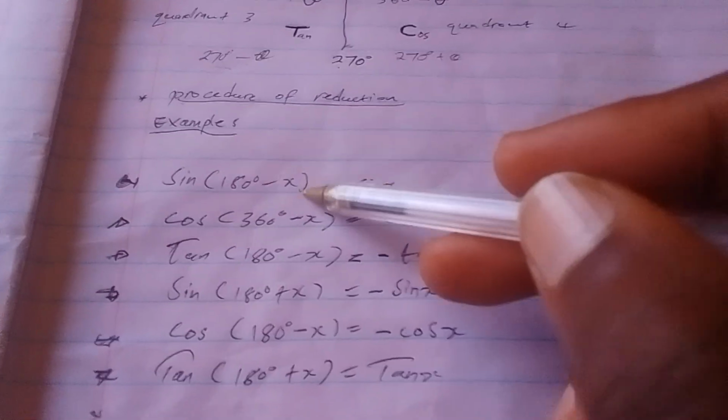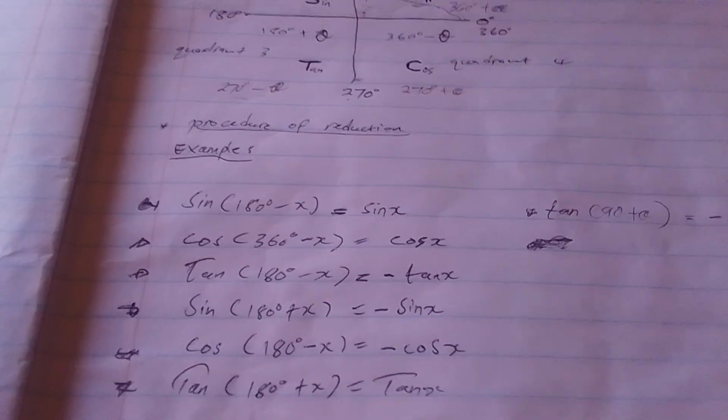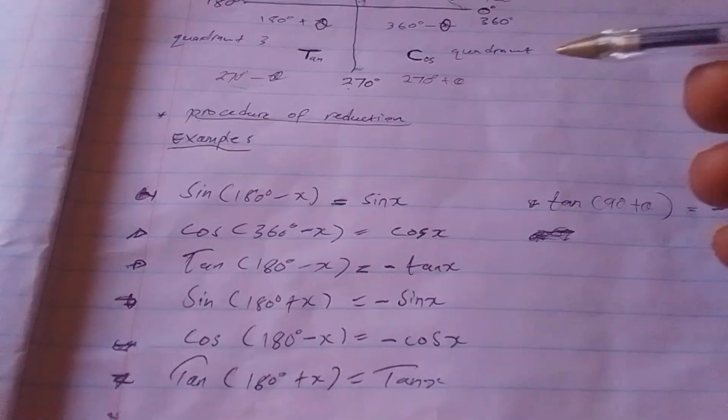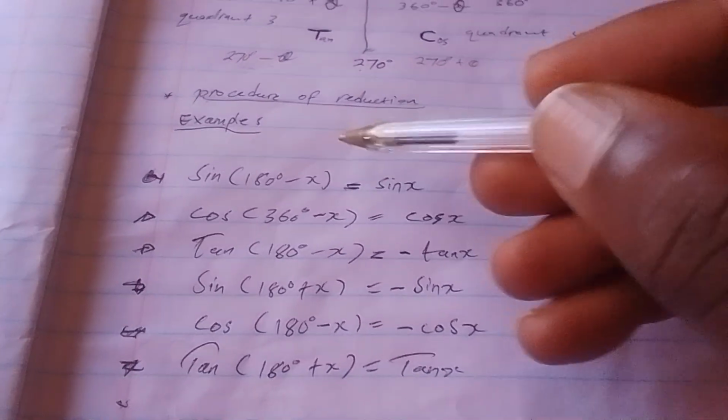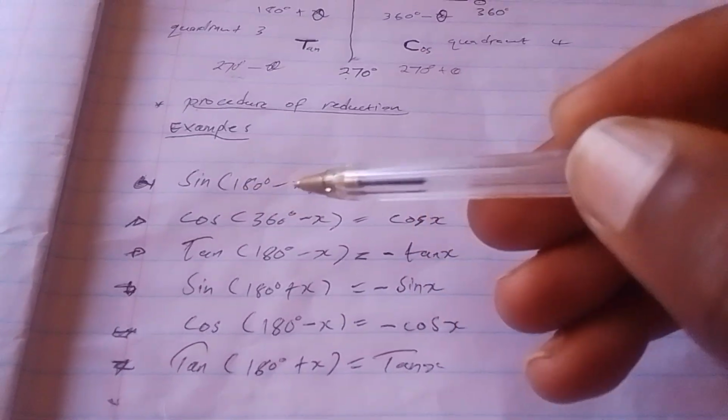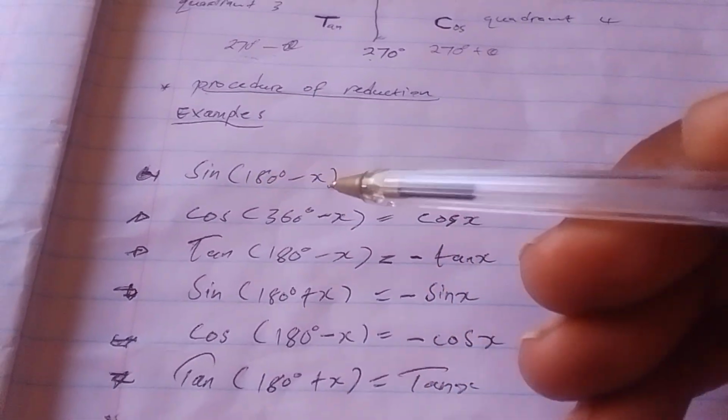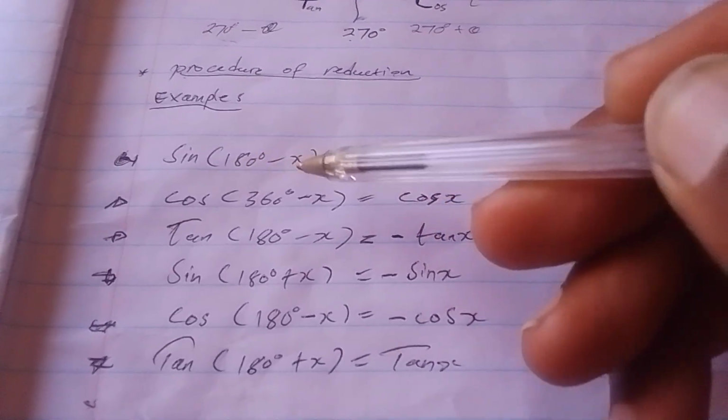Let's just say x and theta, these are the angles, same thing, guys. I just love my x. So, sine of 180 minus x. Here you're going to look at your angle, which is 180 minus, and it's sine.